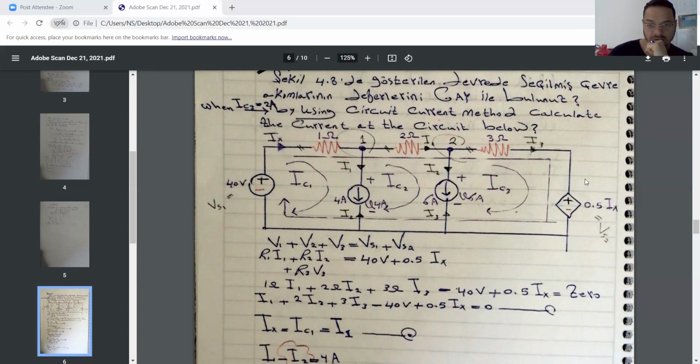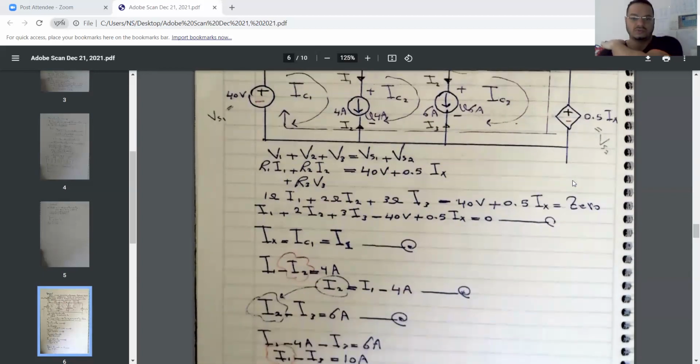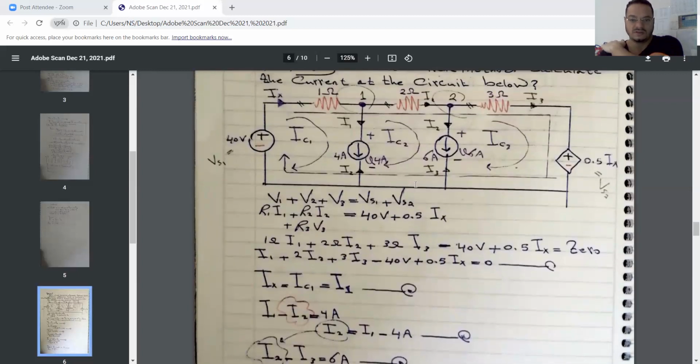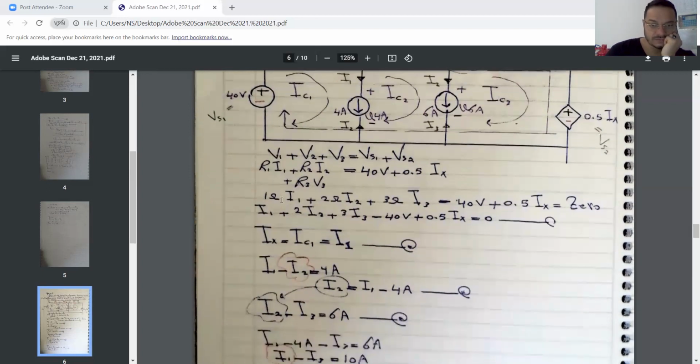We have 3 loops. Let's work on it to solve it. V1 plus V2 plus V3 equals VS1, VS2. This is the total of all of that. V1 at loop 1, V2 plus V3 at this loop, equal VS1, 14 volts, plus 0.5 IX, VS2.